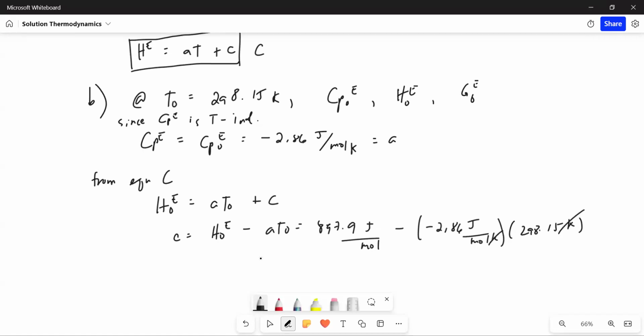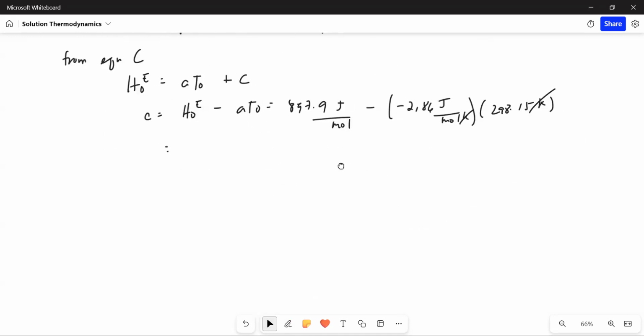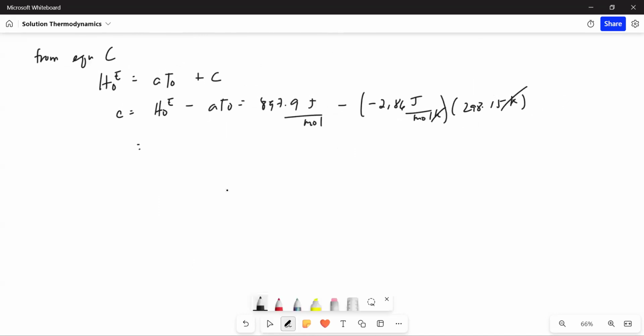Our units agree for the first and second term. C is equal to 1750.6 joules per mole. So that is letter C.